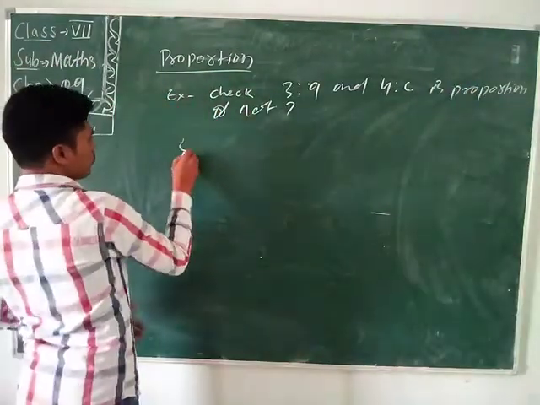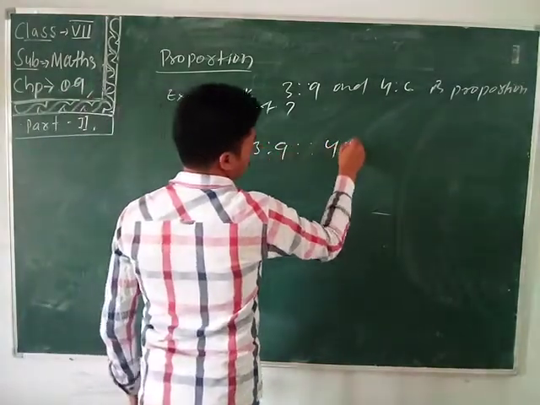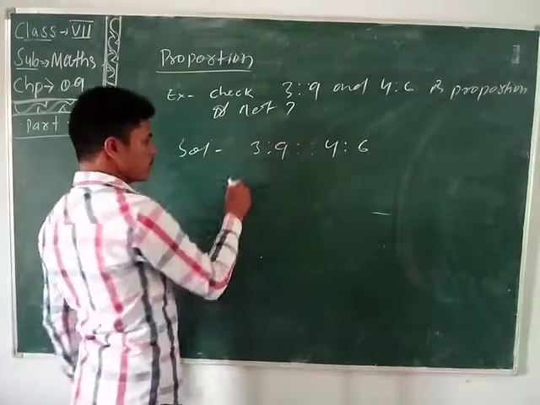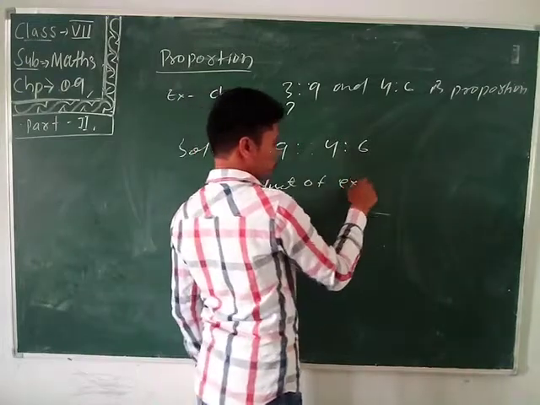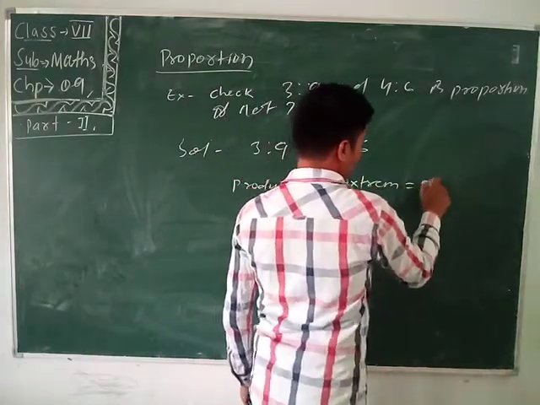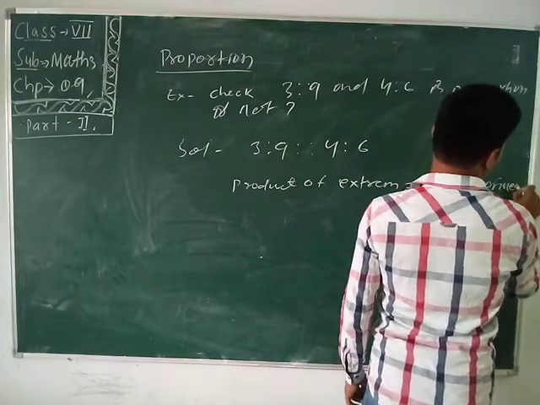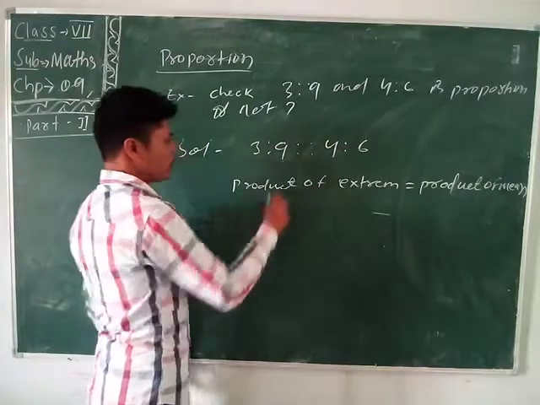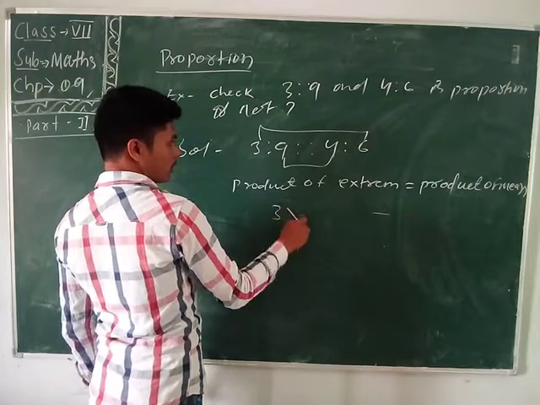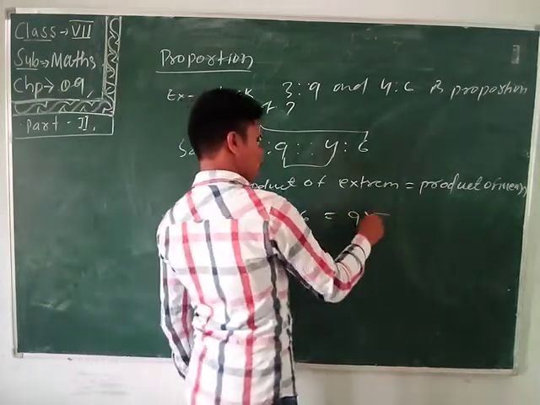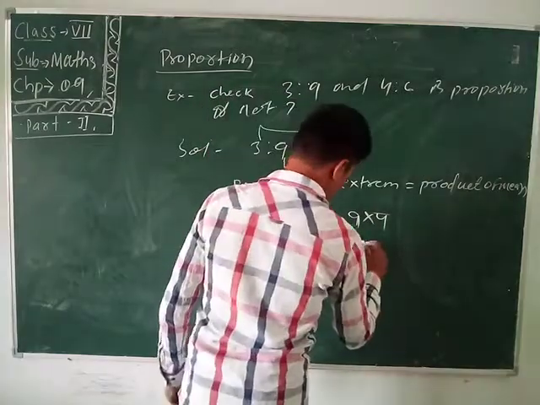We know the formula: product of extremes equals product of means. The extremes are 3 and 6, the means are 9 and 4. Then 3 into 6 equals 9 into 4. 3 sixes are 18, 9 fours are 36.